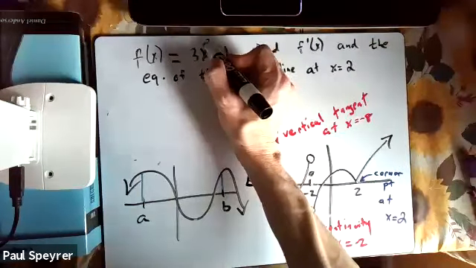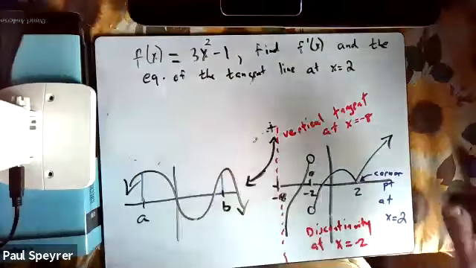And I'm going to change this to 3x squared, okay? 3x squared minus 1, do that.